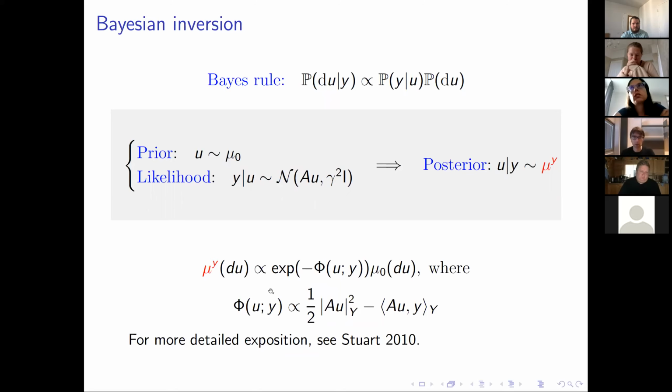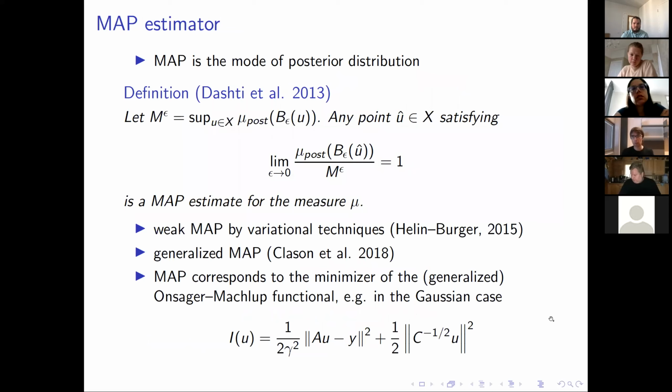As we all know, the posterior in this case is absolutely continuous with respect to the prior according to these equations. So let me go through three concepts that relate to what I'm going to talk about with respect to hierarchical parameters.